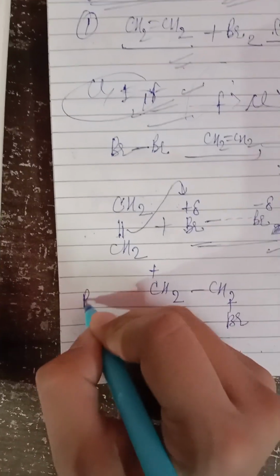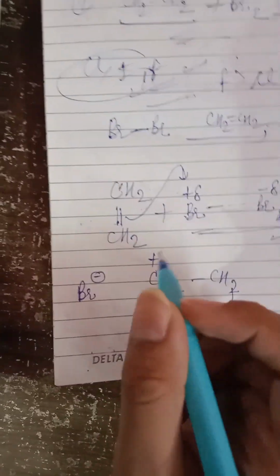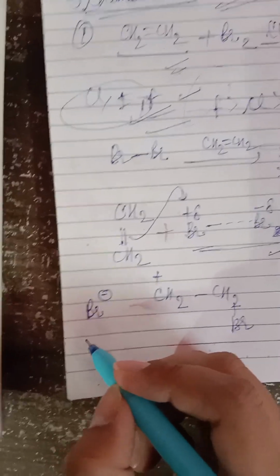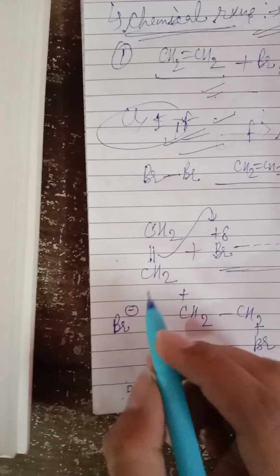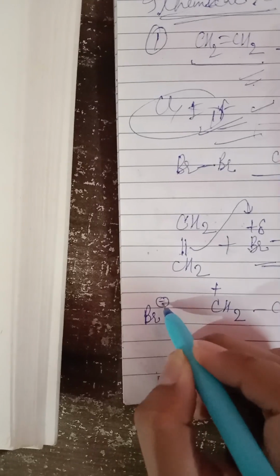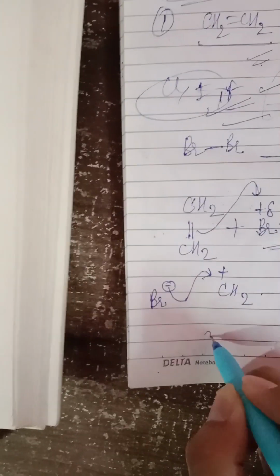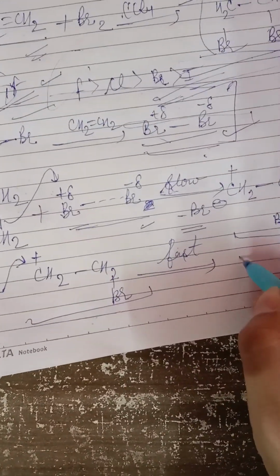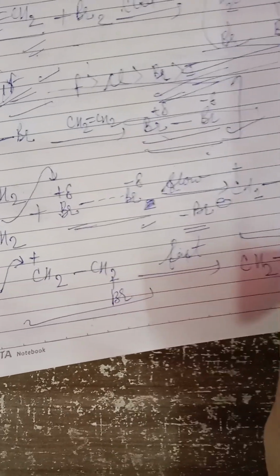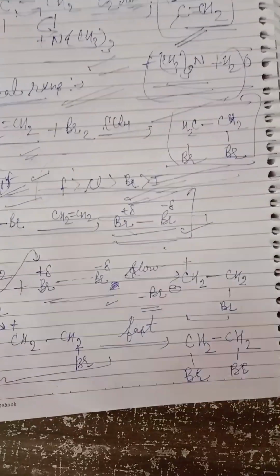CH2, this Br negative acts as a nucleophile and attacks the positive side of the carbocation so formed. This is the fast step, thus forming 1,2-dibromoethane.